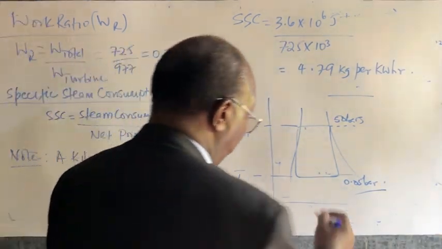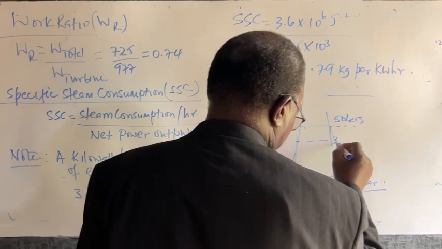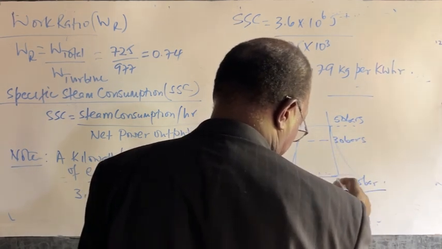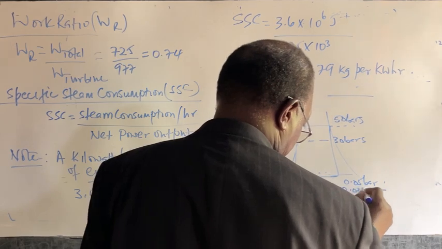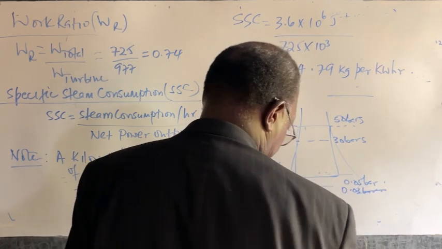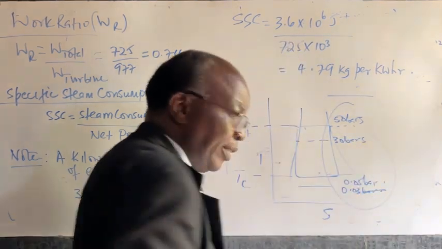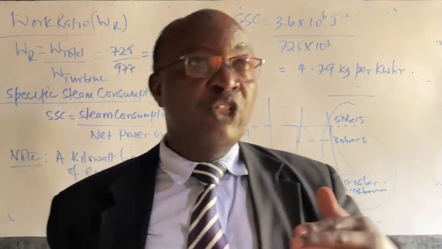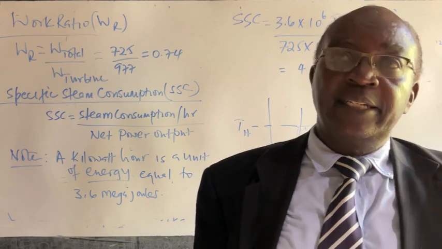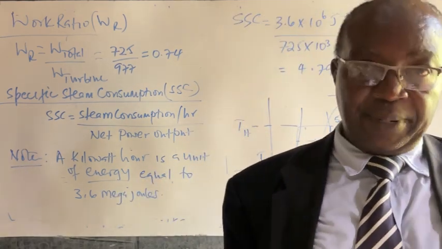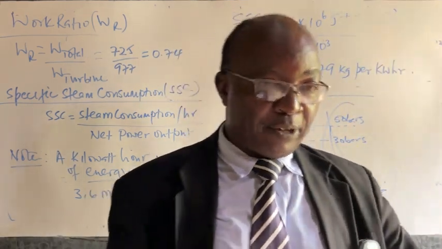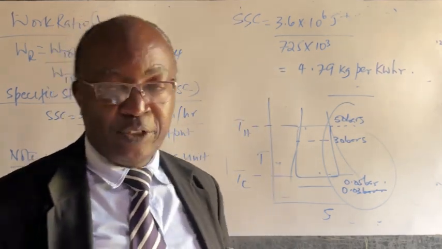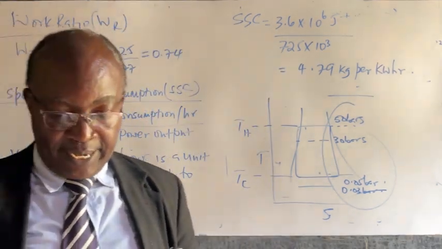Then probably put it at 30 bars, and this at maybe 0.03 bars, and see what pattern you pick out of that. But remember, you will see that the efficiency of the boiler increases as you increase the pressure, and the efficiency of the condenser increases as you decrease the pressure. So thank you. We are continuing with the lecture series.